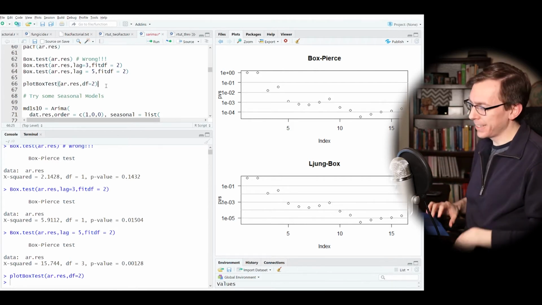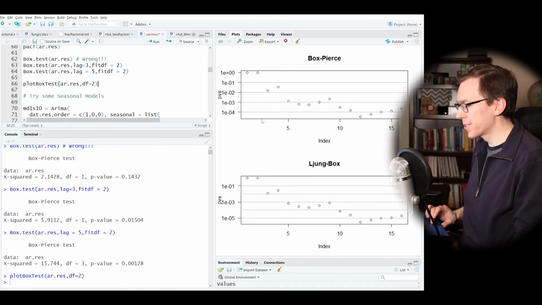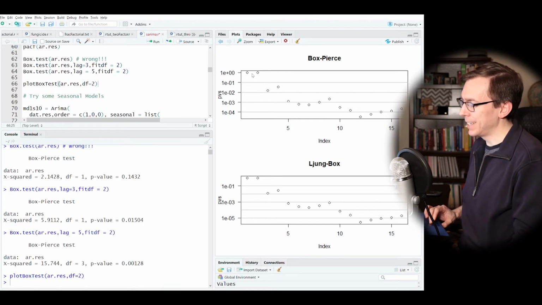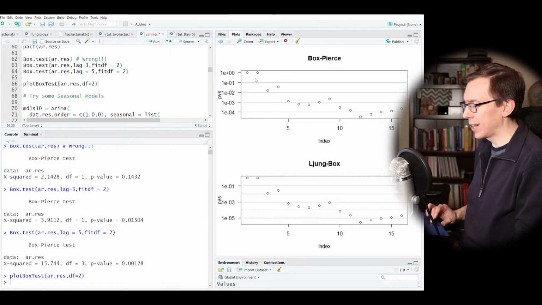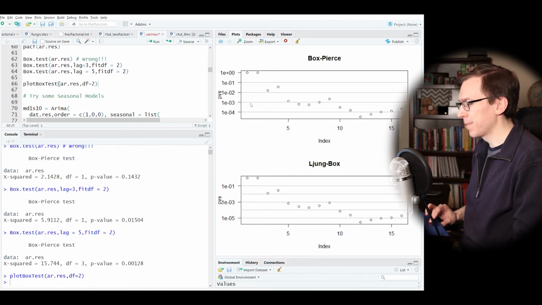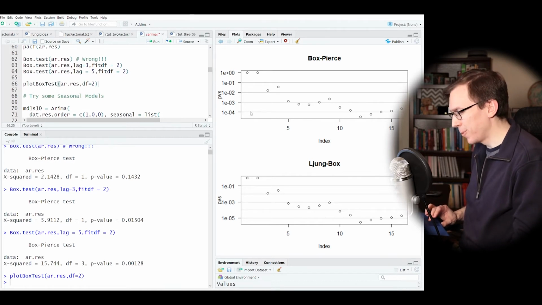What I plotted here was the p-values for the lags. I should have changed this index to lags here, but I plotted the p-values against the lags on the log scale. Each of these gray lines is a power of 10, so I have 10%, 1%, 0.1%, 0.01%.